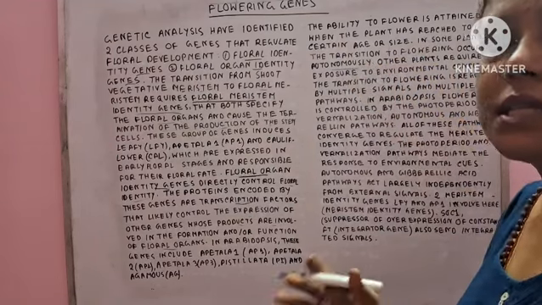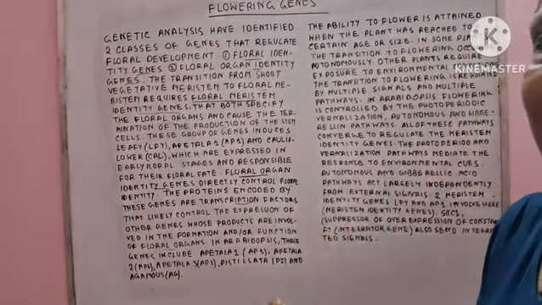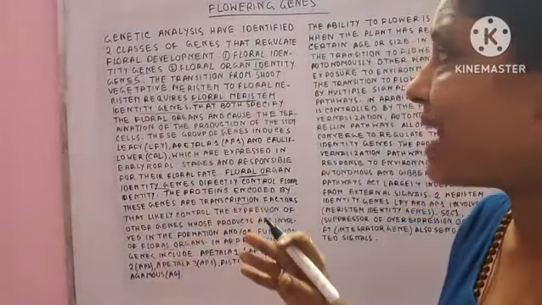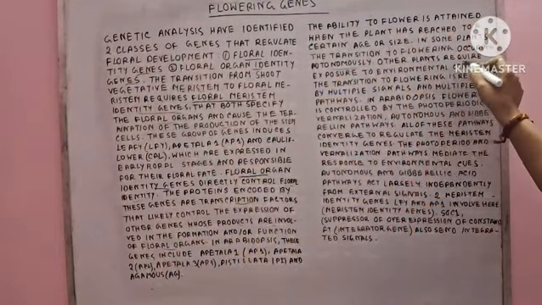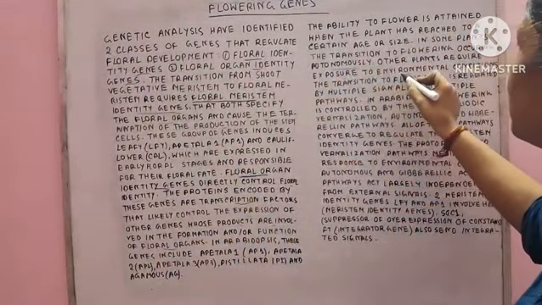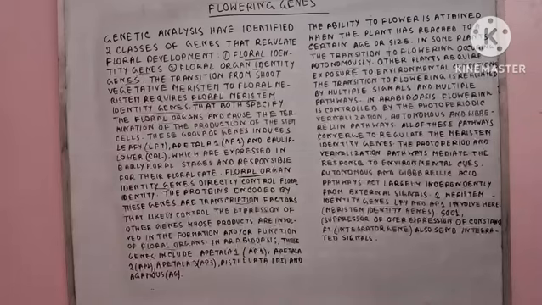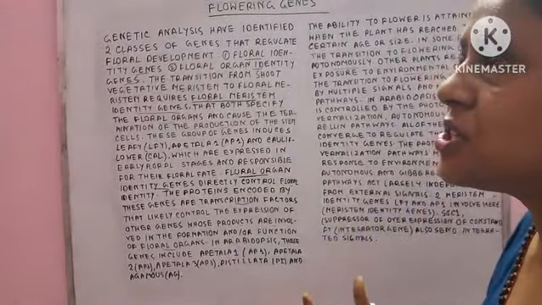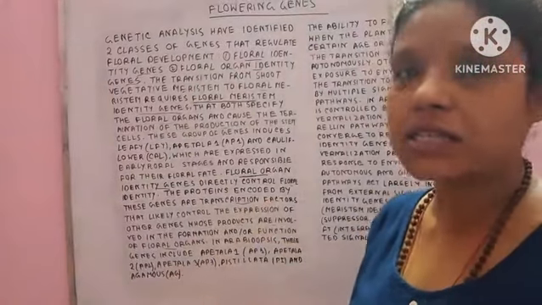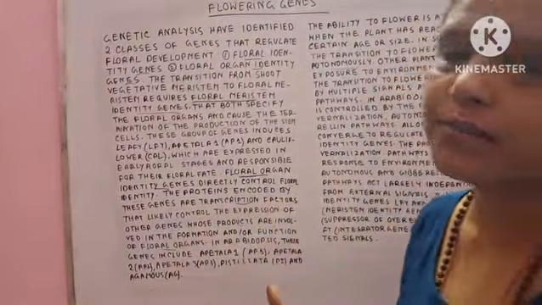That means the total process is controlled only by the plant, and it is totally dependent only on the plant. Other plants require exposure to environmental conditions. In some cases, environmental factors are also involved in the flowering process.